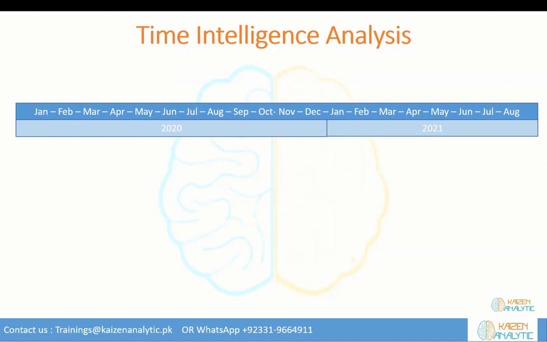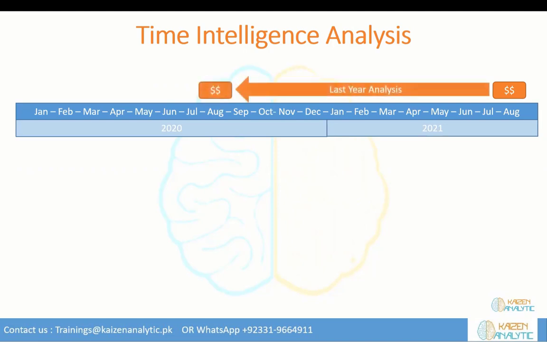If we want to do the analysis of current month sales or expenses, or other figures, for instance, which are right now over here in the month of August, we can definitely do a comparison exactly 12 months back, which is August 2020, over here.